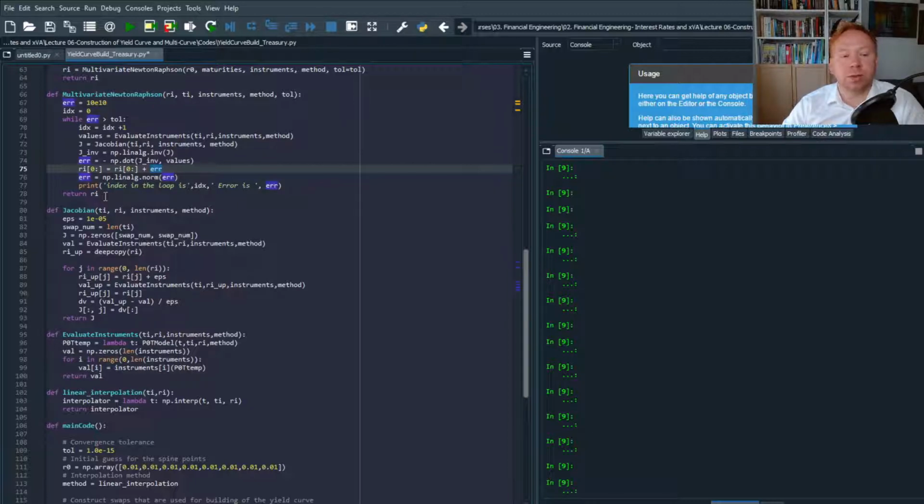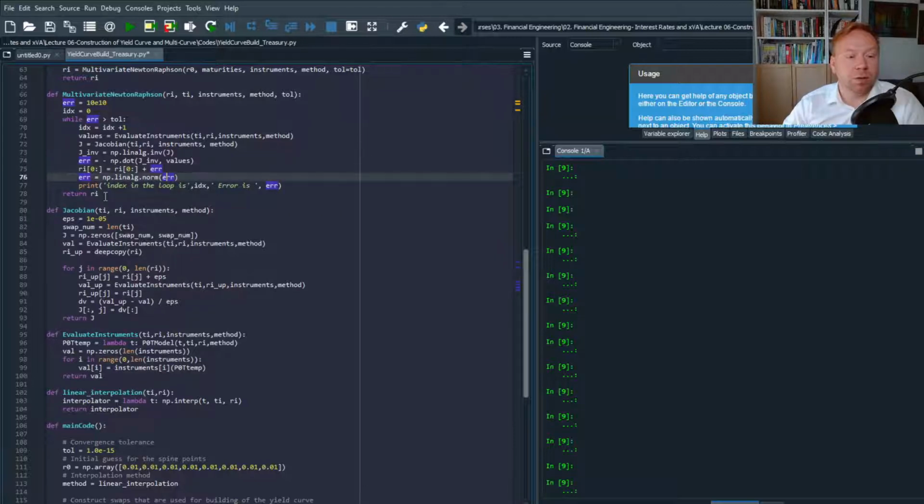And error basically expresses the difference between the two consecutive sets of the spine points. So of course, as this difference between two iterations of the spine points is small, then our optimization should stop. But this is how we define it here.